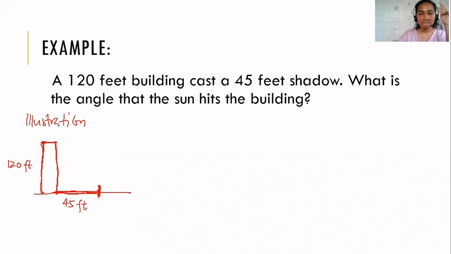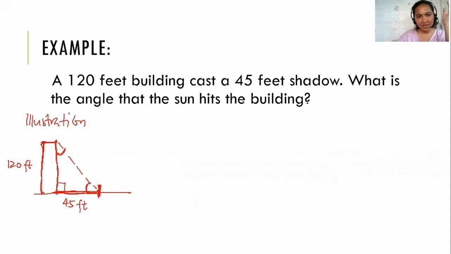And for us to find the answer to this question, let us form a right angle in this illustration. We connect this endpoint to this point, and we'll have this right triangle.